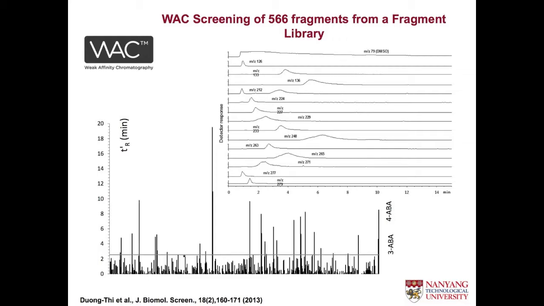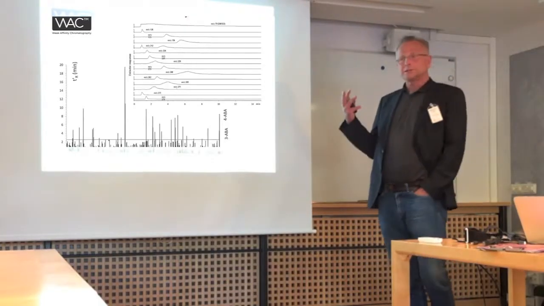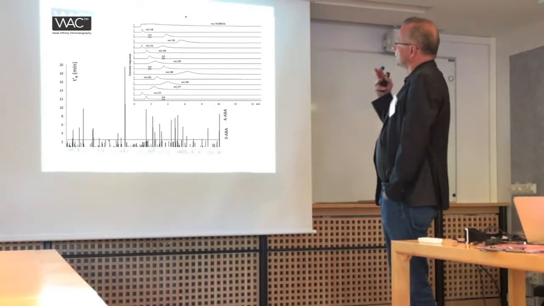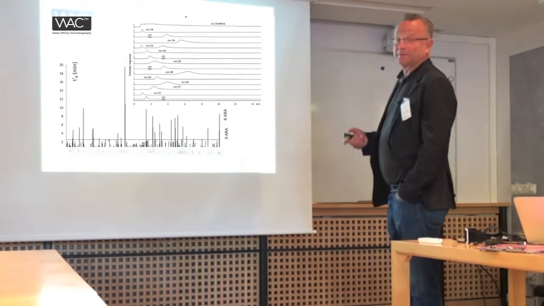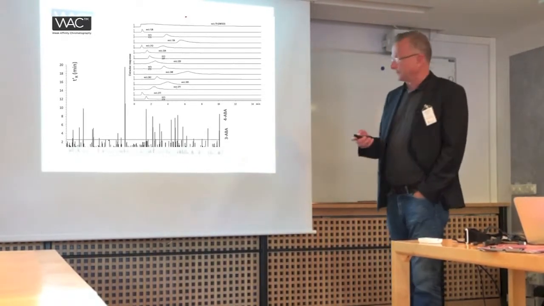In this case we found a lot of binders, I think around 20, 30, and most of them were not specific. We found just, I think, a few cases of specific binders, meaning binders actually binding to the target. But this was the first illustration we did on a big fragment library, in this case a 566 fragment library.